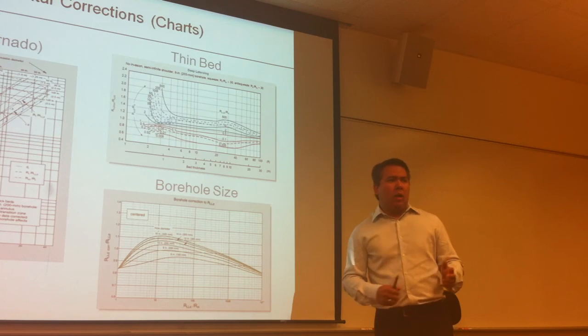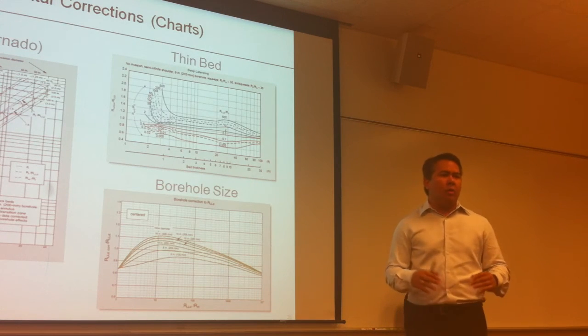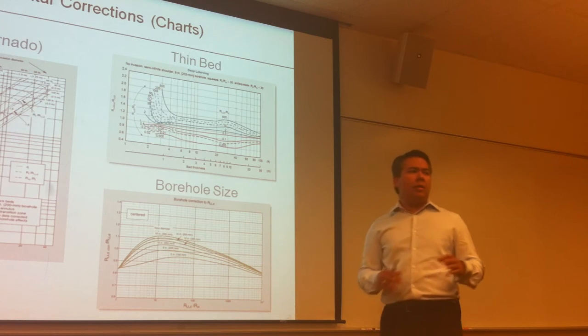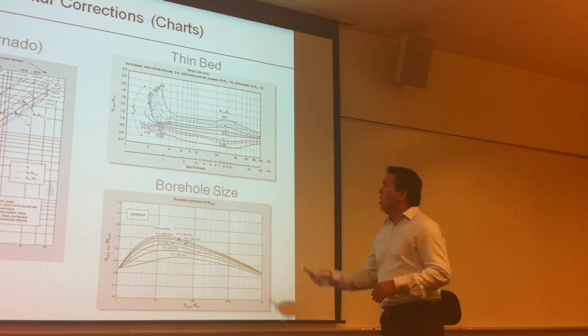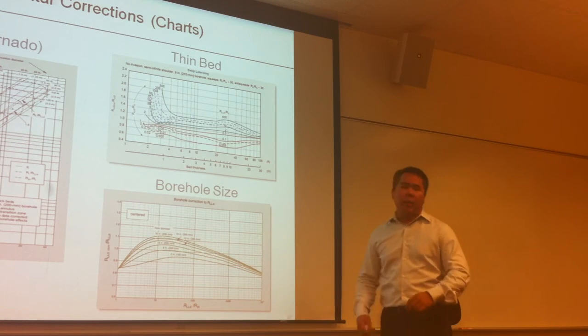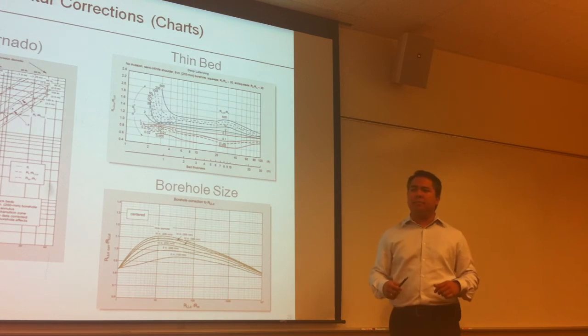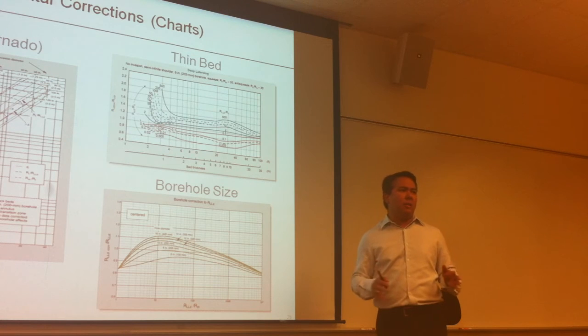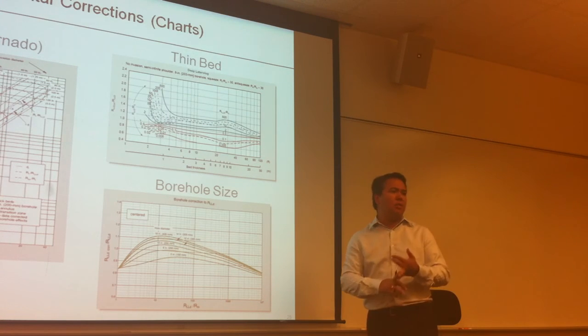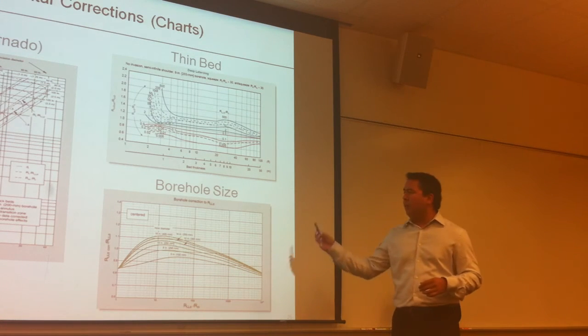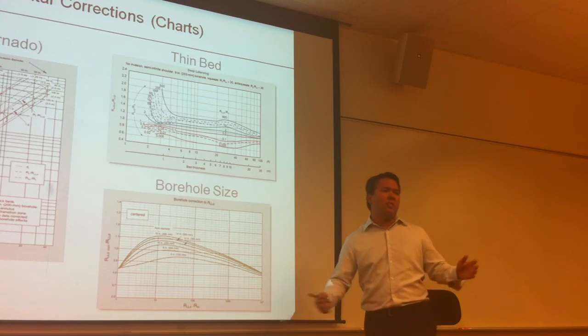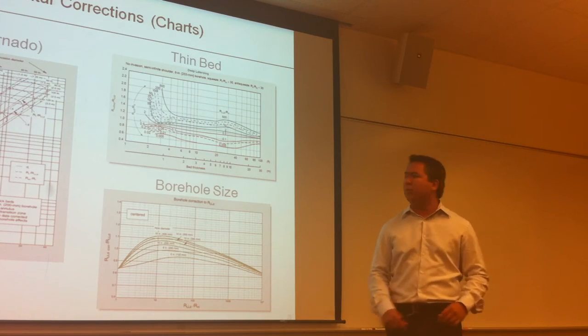In order to correct for all these effects, we have different kinds of charts. We have a thin bed chart correction, as you can see here, for correcting what Fabian said about squeeze and anti-squeeze effects. Also, we have a correction for borehole size. All resistivity tools have to be corrected for borehole size.